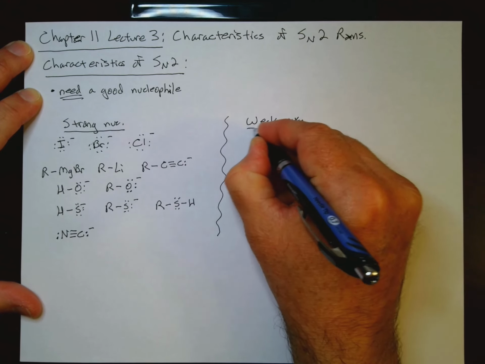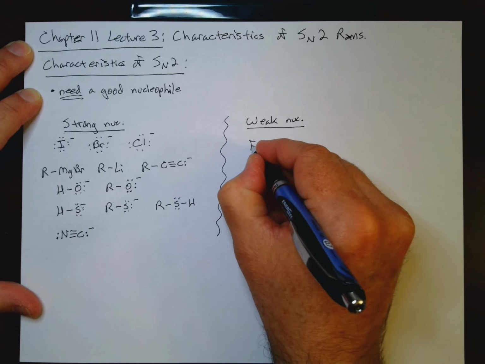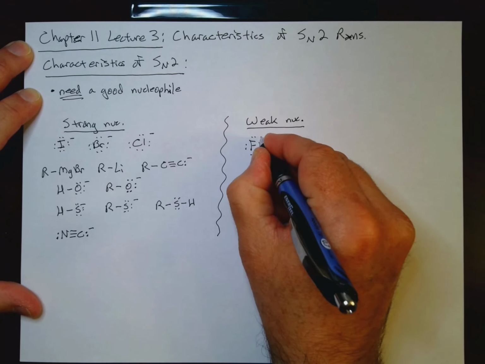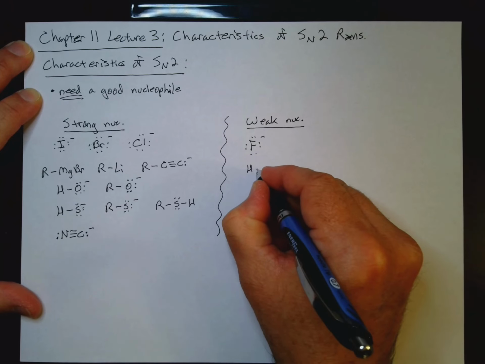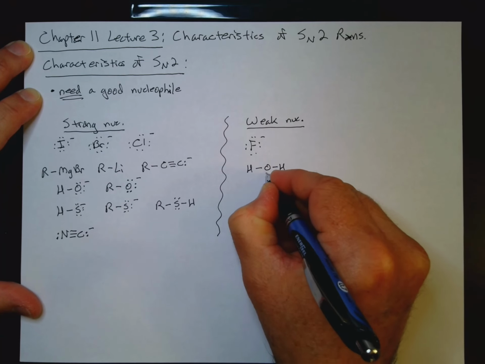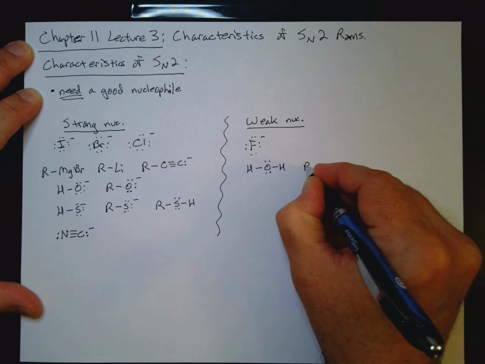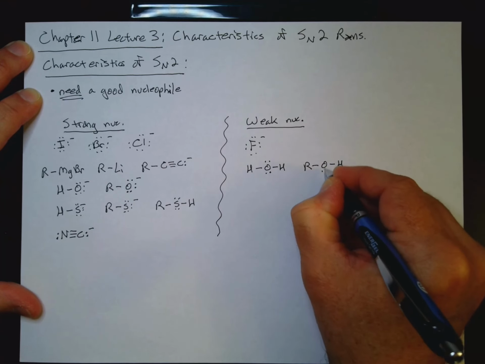Some weak nucleophiles include things like F minus, water, H2O, ROH.